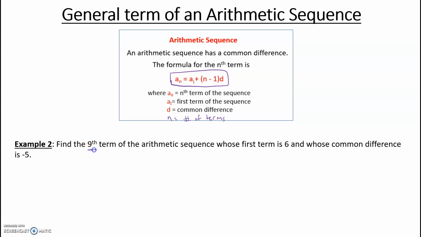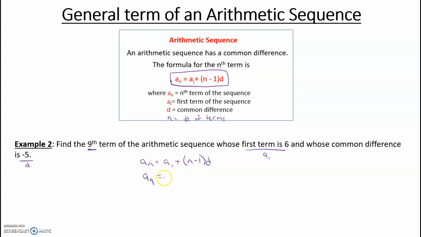So this says find the 9th term of the arithmetic sequence whose first term is 6. So our first term, that's our a sub 1. And whose common difference is negative 5. So there's my difference. So we're going to plug into that formula: a sub n equals a sub 1 plus n minus 1 times d. So a sub n, we want a sub 9. Oh, I don't like that, my a's look like 9s.